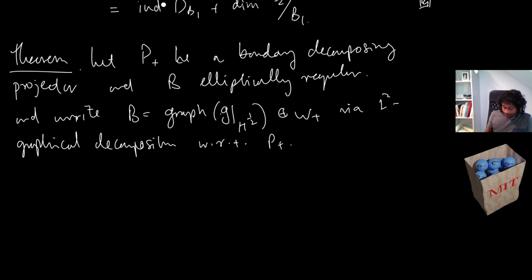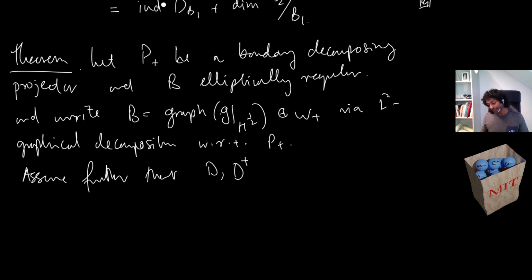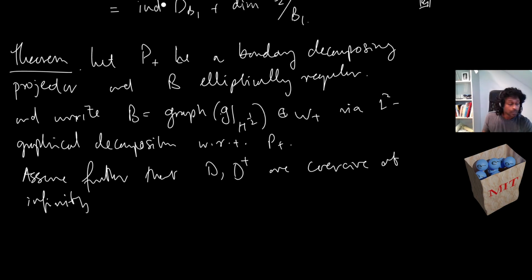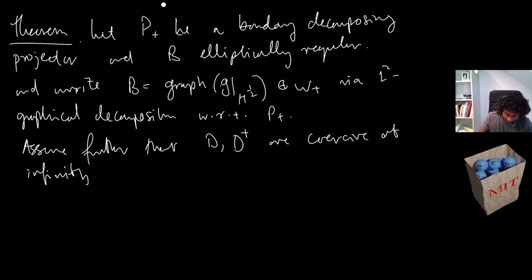Okay, assume further that D and D dagger are coercive at infinity. So we need them to have an index with respect to the elliptic regular boundary condition.